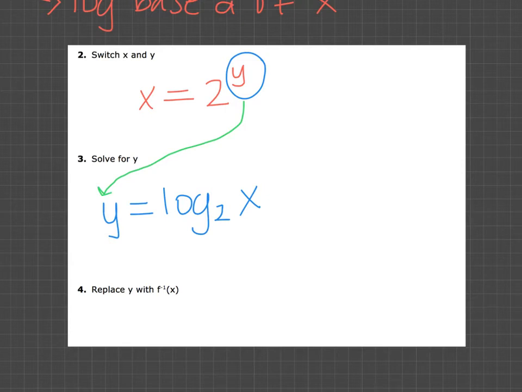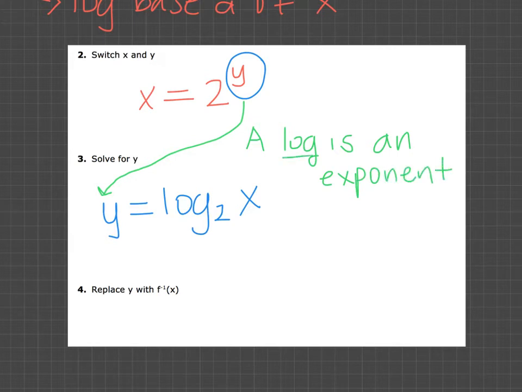This is a really key point and an important takeaway of this lecture. A log or a logarithm is an exponent. So it's a different term, but it is something that we're very familiar with. The other thing to point out is our base of 2 here shows up as the base of 2 in the logarithm expression.